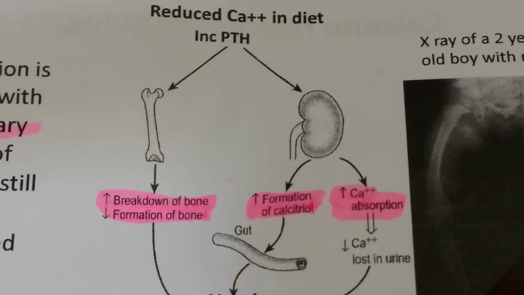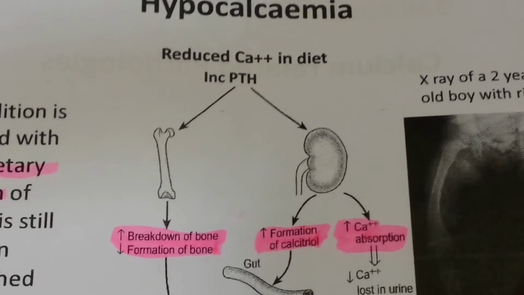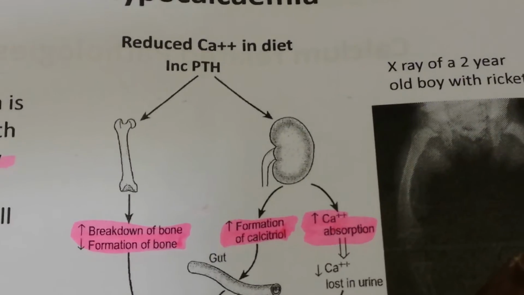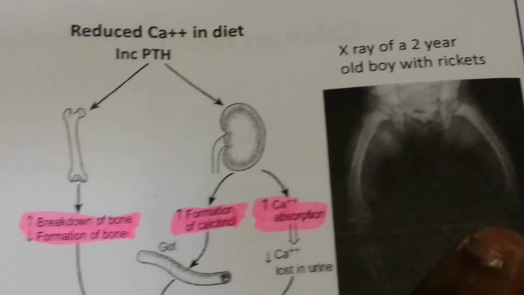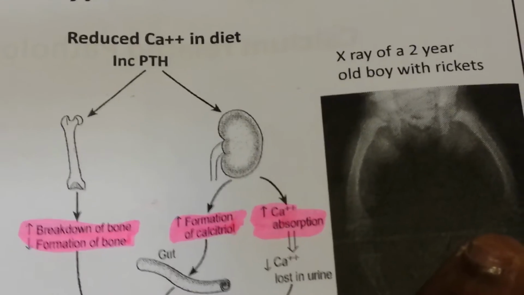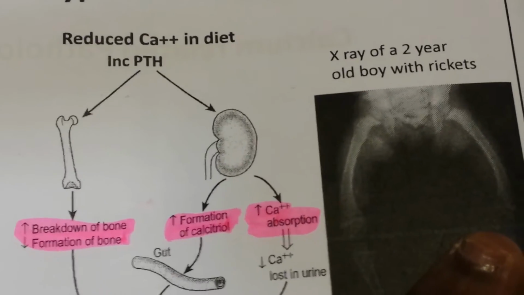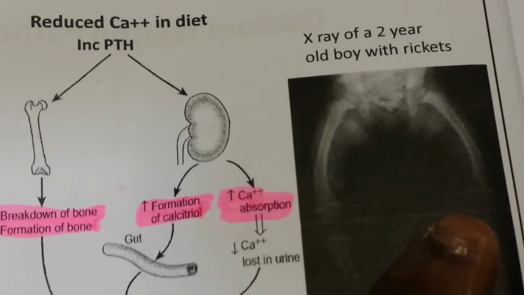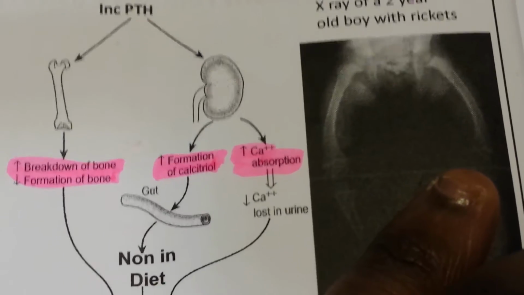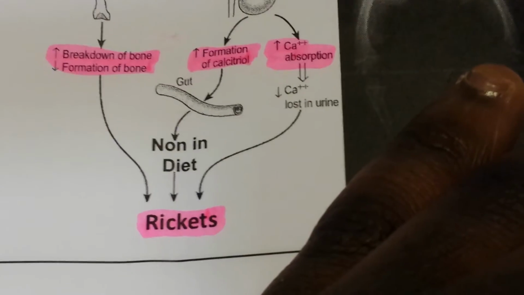The response to hypocalcemia: reduced calcium, increased breakdown of bone, increased formation of calcitriol, and increased calcium absorption. The increase in formation of calcitriol occurs in the kidney. Increased formation of calcitriol acts on the gut, and eventually the target organ.